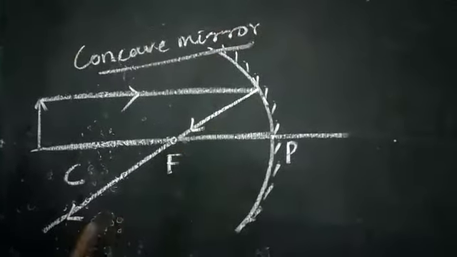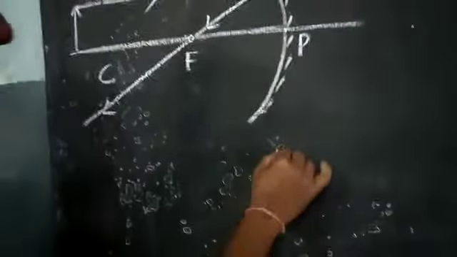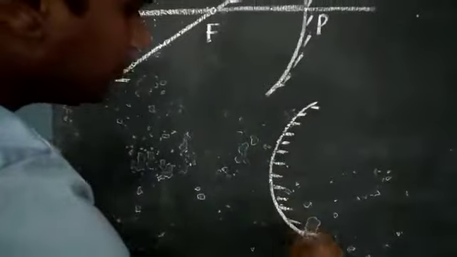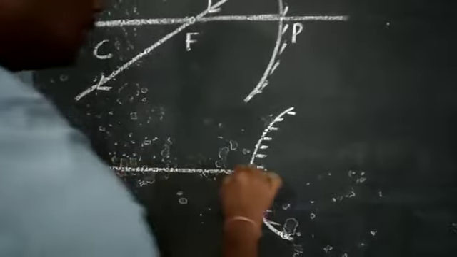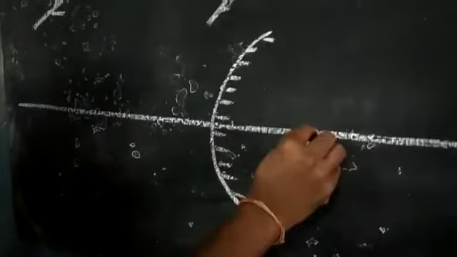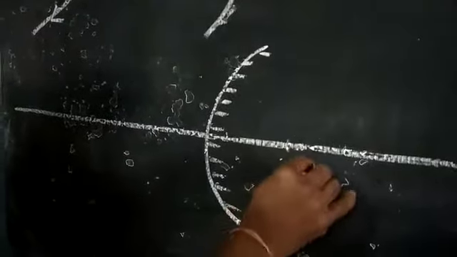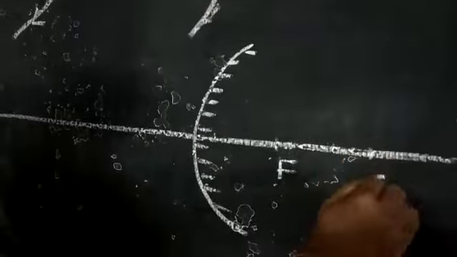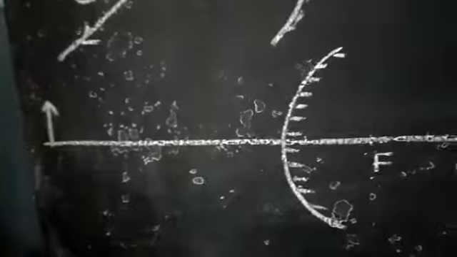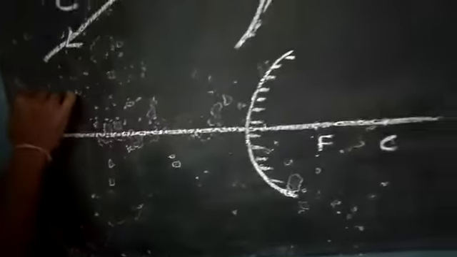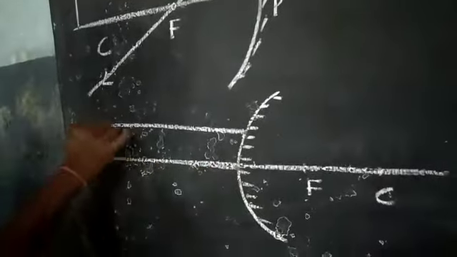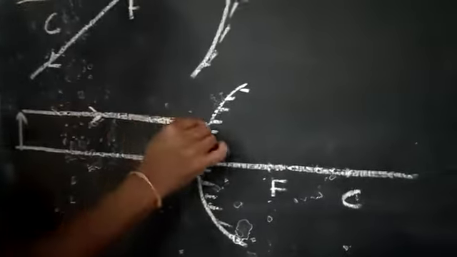But in the case of a convex mirror, it becomes like this. This is the convex mirror, this is our principal axis, this is the focus F, and this is the center of curvature C. Suppose there is an object here and an incident ray parallel to the principal axis.